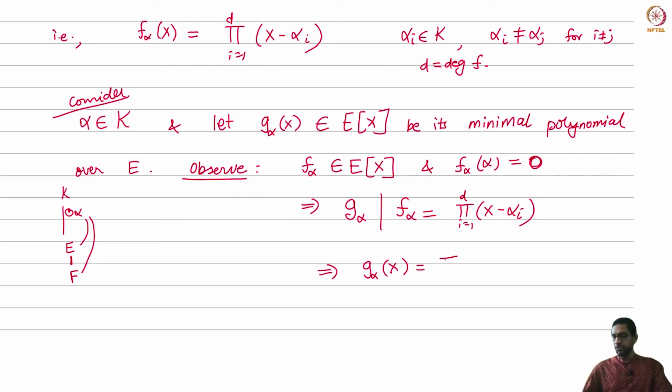So g_alpha is a product of (x minus alpha_i), where i belongs to some subset, let's call it S, of 1 to d. Whatever it is, g_alpha of x again splits into distinct linear factors. This is still a product of distinct linear factors over K.